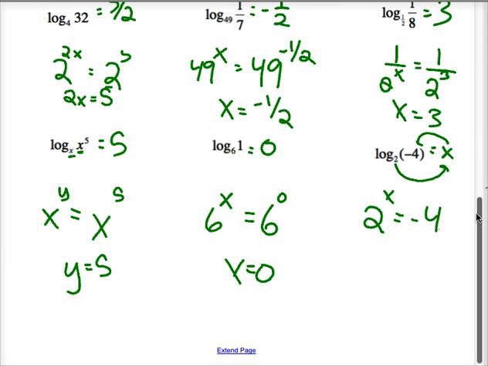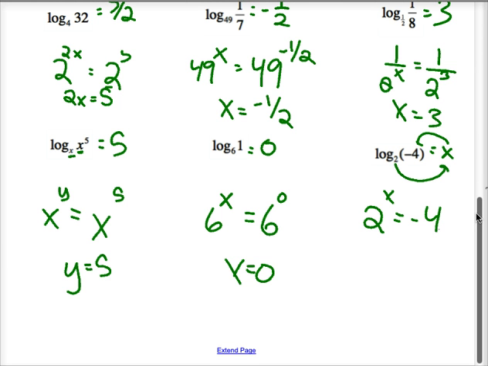That's getting me bigger numbers. Well, 2 to the -1 is 1/2. 2 to the -2 is 1/4. So if you notice, is there anything I can do, any power I can take to get an answer of -4? And if you think hard enough, you'll know the answer is no. There's actually nothing I can do to get a negative answer to this.